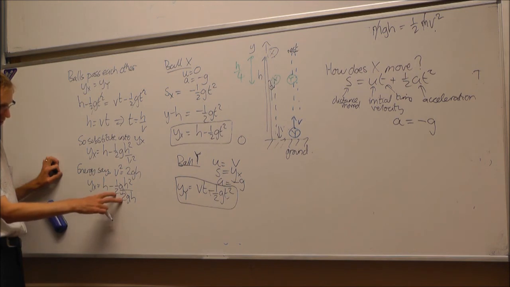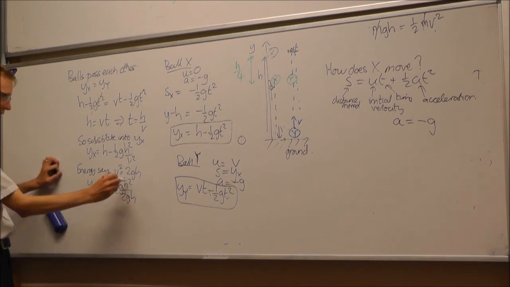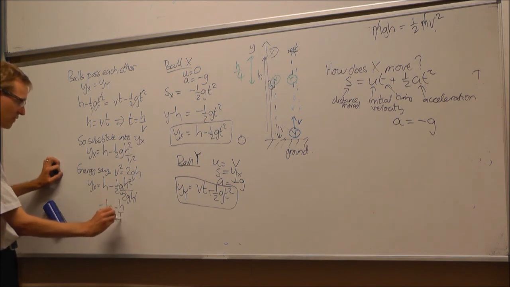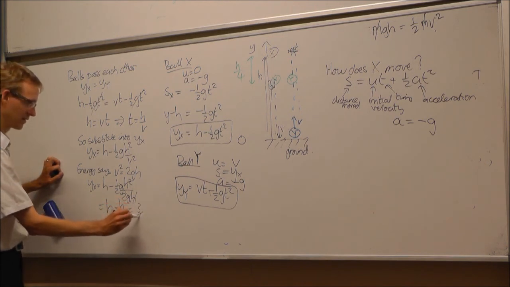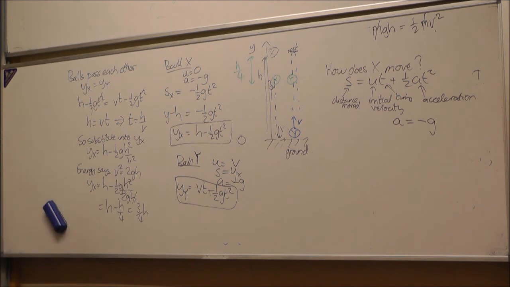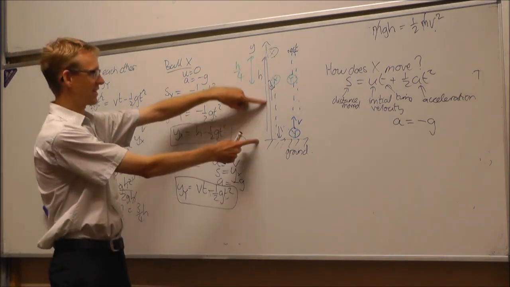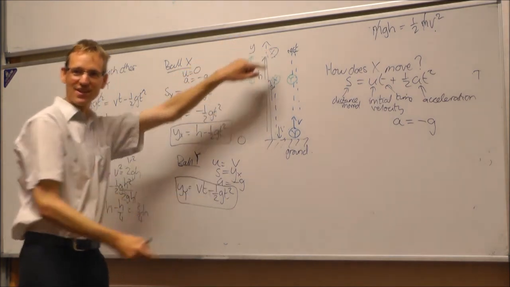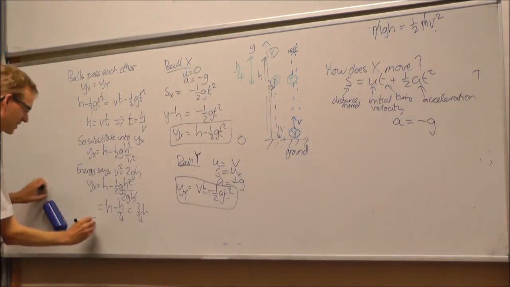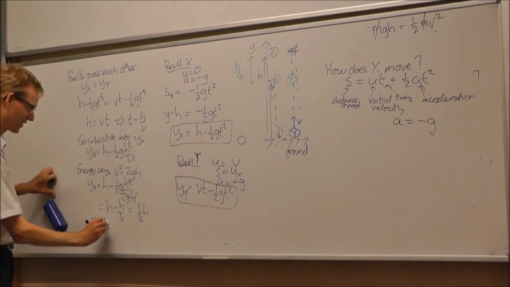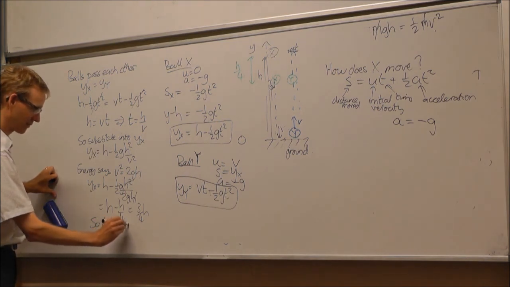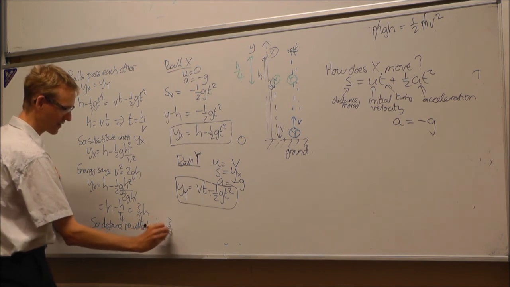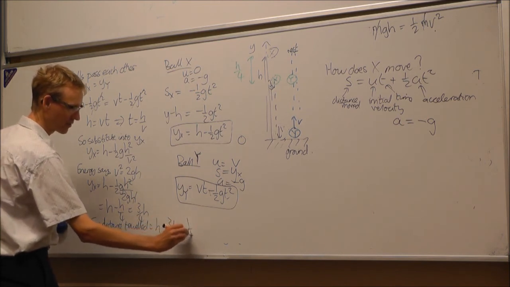Here we get 2 times 2 is 4, and we lose one of the h's, so that's h minus h over 4, 3/4 h. So that's that distance there. So this distance is 1/4 h. So distance travelled, just that last bit, equals h minus 3/4 h, 1/4 h.